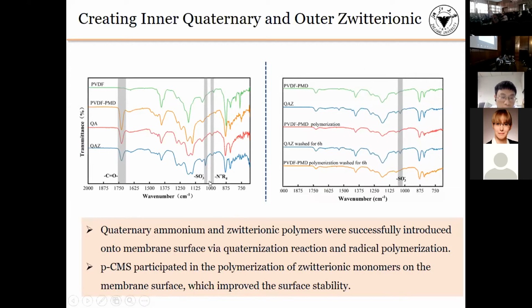So from the FTIR, we can confirm that our preparation succeeded. And also from this figure, we can find that PCMS participates in the polymerization of zwitterionic monomers on the membrane, which can improve the surface stability.